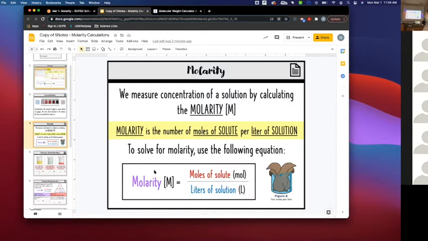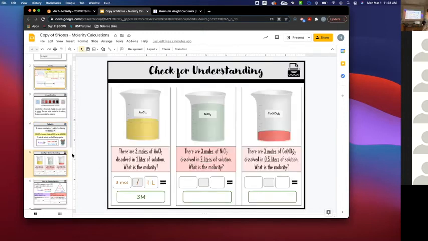So let's look at the next slide. We're on slide number 5, right? It says there are 3 moles of AuCl3 dissolved in 1 liter of solution. What is the molarity? The formula for molarity is moles of solute on the top divided by liters of solution. So for this one, 3 moles divided by 1 liter. 3 divided by 1 equals 3.